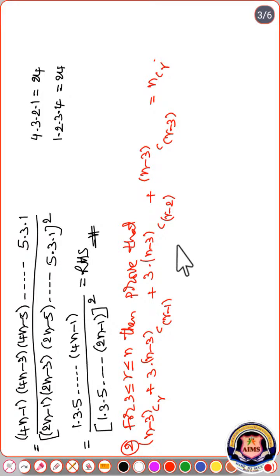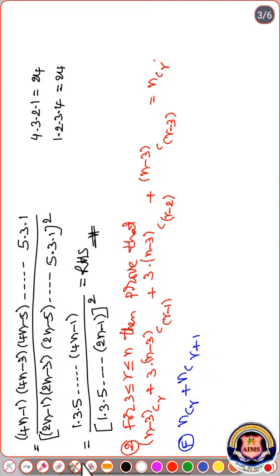This is the problem, but for getting this we need to use one and only one formula. I can write here, my dears, nCr plus nCr plus 1... nCr plus nCr minus 1 is equal to n plus 1 Cr.